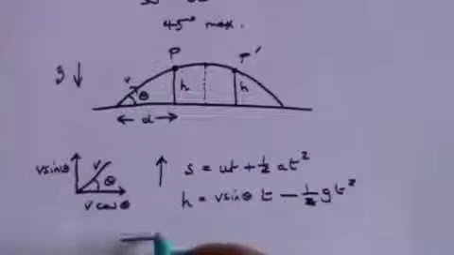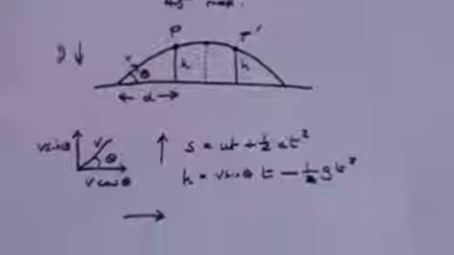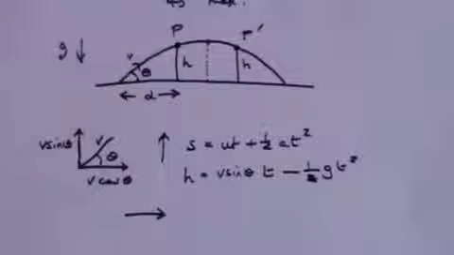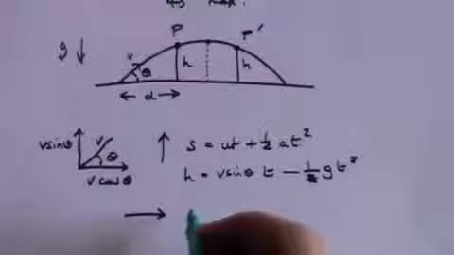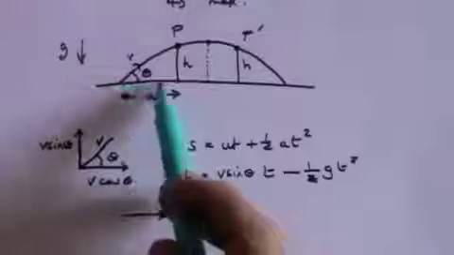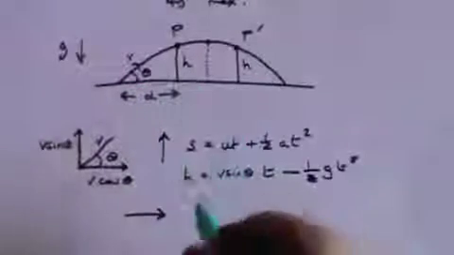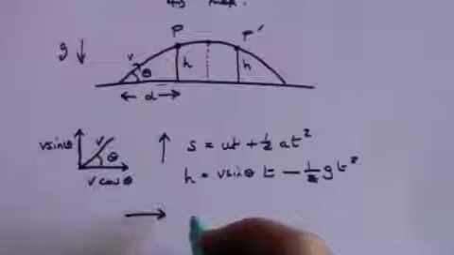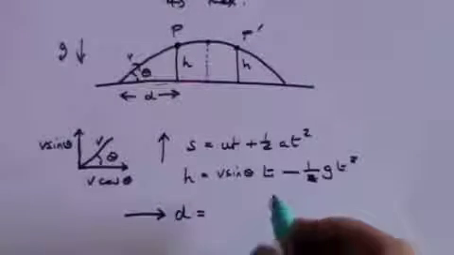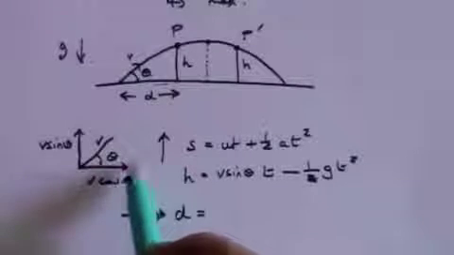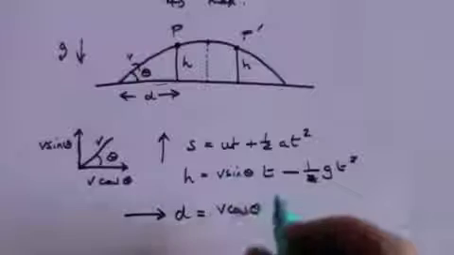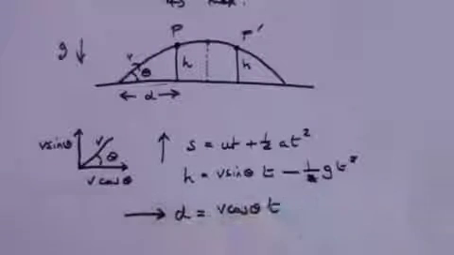Now, what about motion in that direction? Well, motion in that direction is not, of course, affected by gravity. It just continues. So if you want to know what the distance is that you go in the horizontal direction, well, distance is velocity times time. So distance is velocity, well, the horizontal component of the velocity, which is v cosine theta, times time.